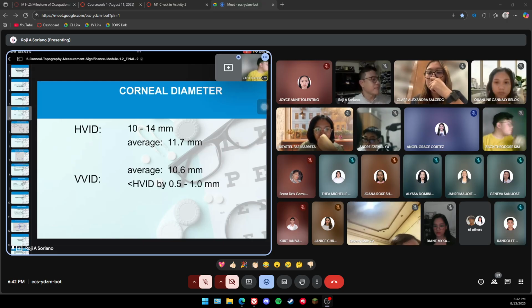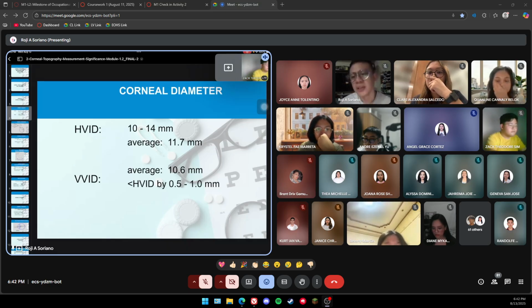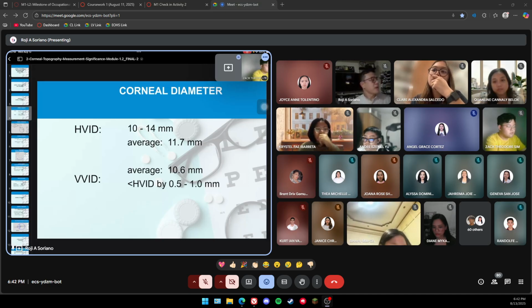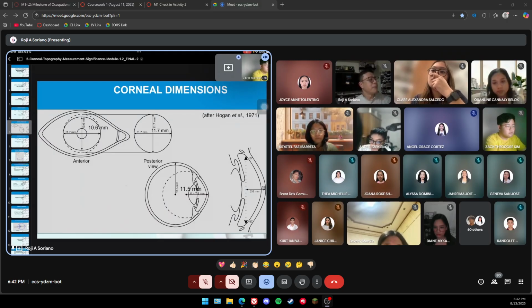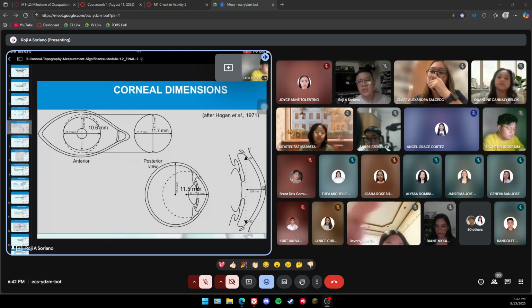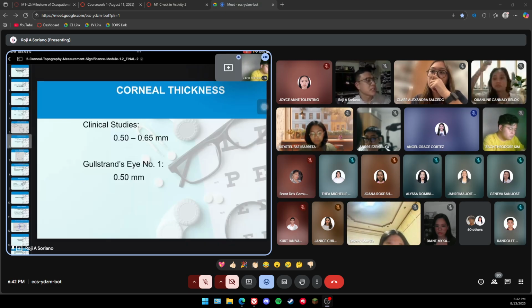Okay, very good, Zach. And because of the asymmetrical cornea, correct? And the asphericity. They're not equal. That's the reason why. You would notice superiorly and inferiorly, that's where the insertion is.